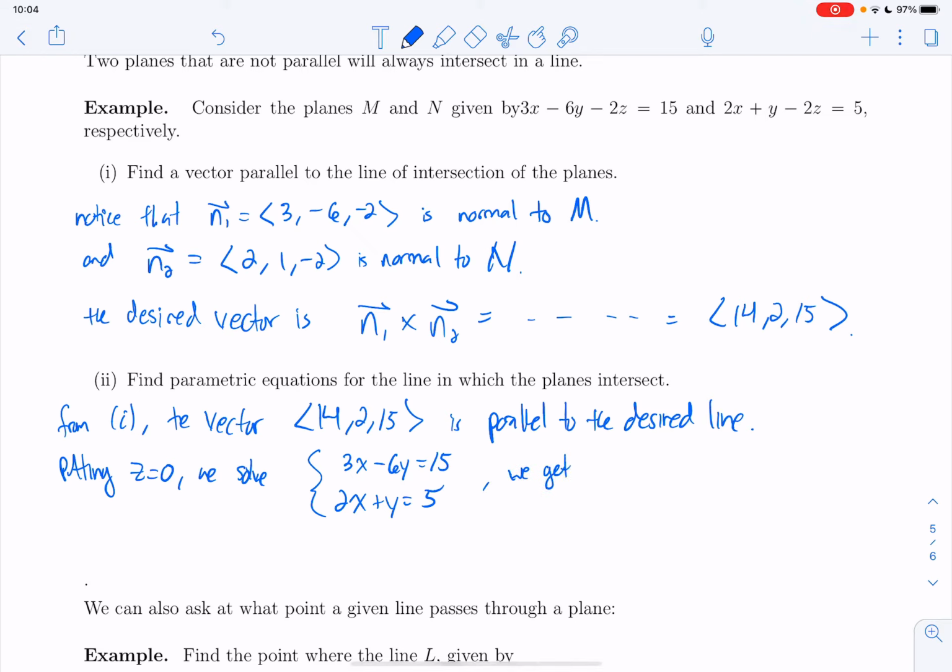When we solve that system, we get x equals 3 and y equals -1. So what that means is that the point 3, -1, 0 lives on the line of intersection, since it lives in both planes at the same time.